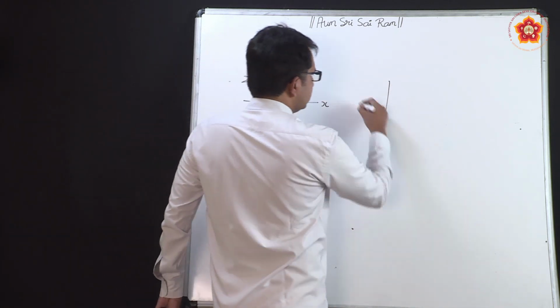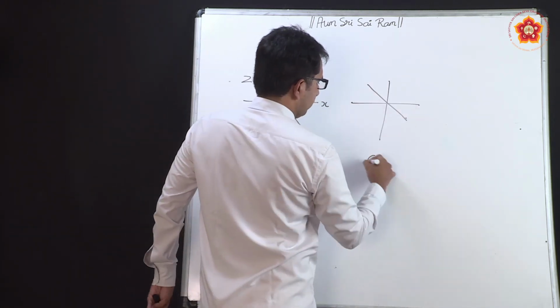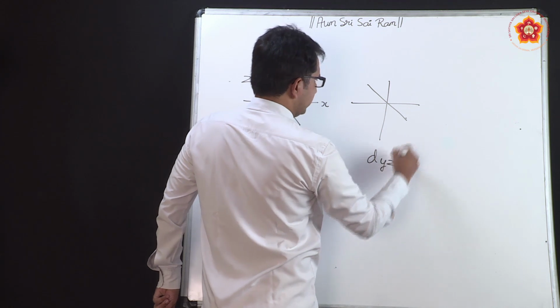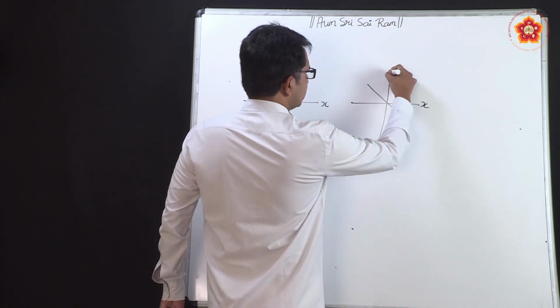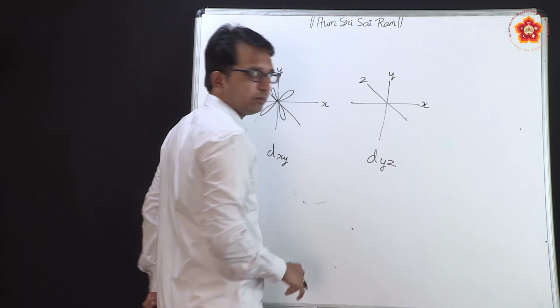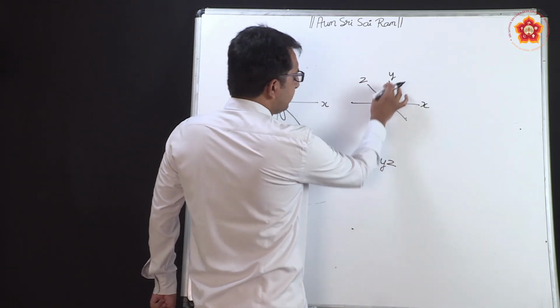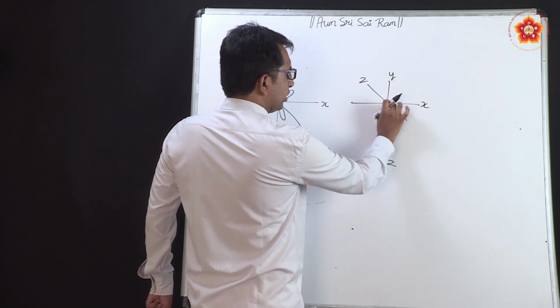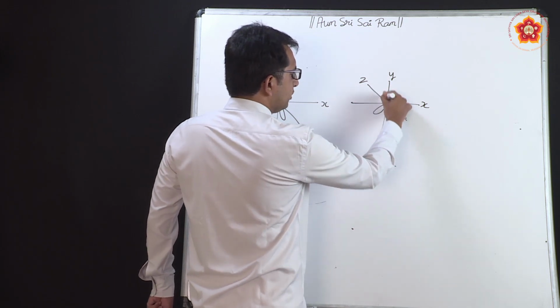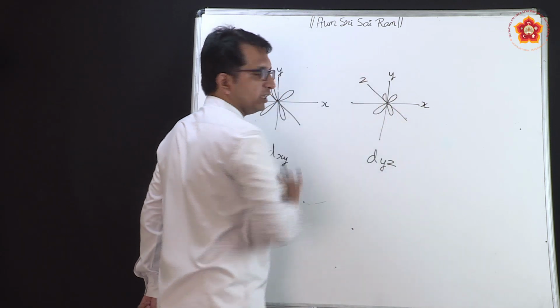Similarly, when I consider another orbital, say dyz, with x axis, y axis, z axis, this means the orbitals should be between y and z. It can be on x, but should not be on x in the y and z form.